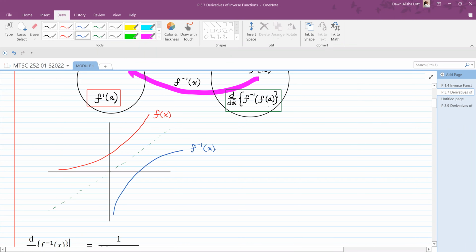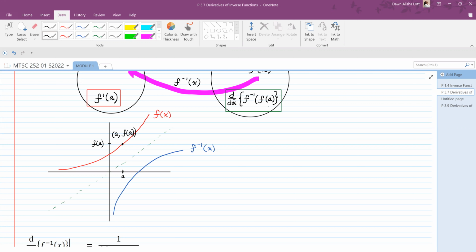Okay, so here I'm going to choose a point, and this point is A, f of A. So that's my point on the curve. I find A, and then I go up and find f of A. And then what point is on the other axis?